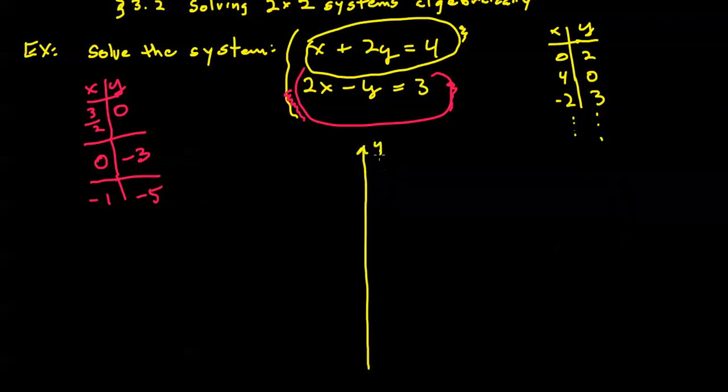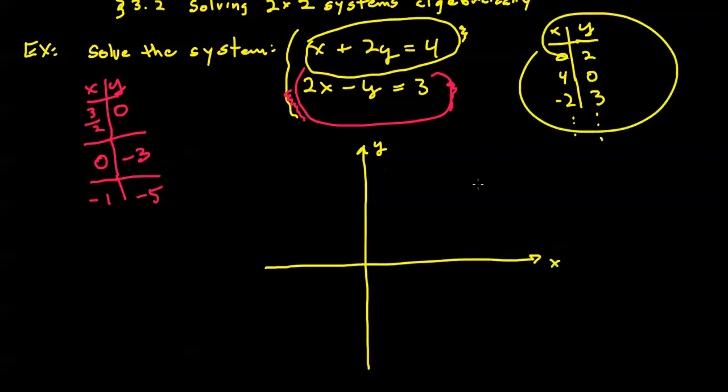There's my y-axis, my x-axis, not too bad. Alright, let me graph this first line equation first using those points in the yellow table. If x is 0, y is 2, puts me there. If x is 4, puts me there.